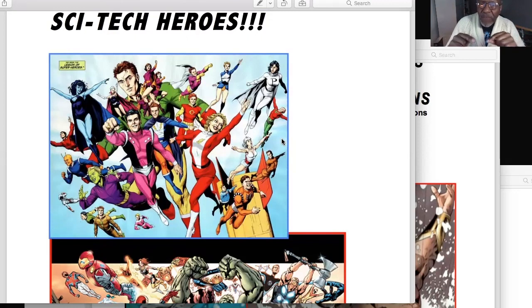Now, the big difference is, in this case, all of their storylines, all of these characters' powers are based on science fiction material or information. I'll get more specific later, okay? But that's that world, the Legion of Superheroes science fiction.